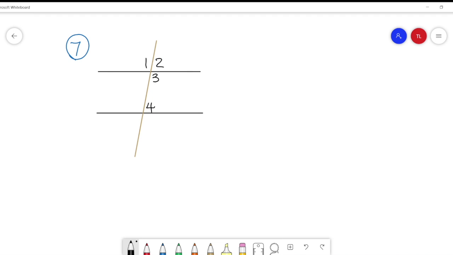Again, it does have lines A and B, and A is parallel to B. Now, what does that mean when you say those two lines are parallel, cut by a transversal? That's a transversal.